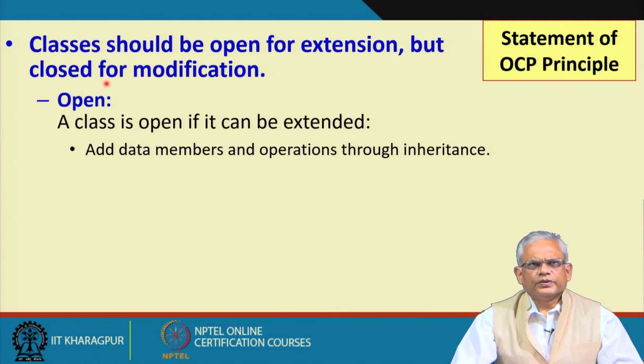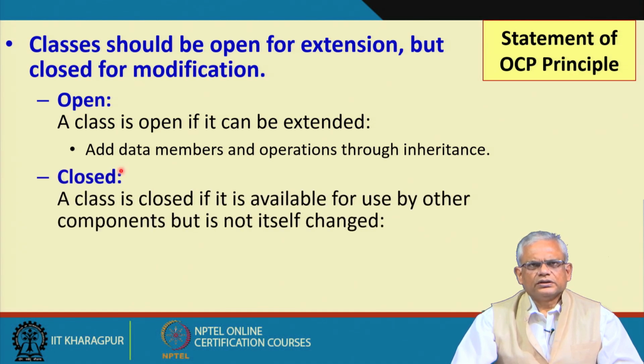That stands for open for extension, and closed means that we should not modify a working code, a working class. The open closed principle says that whenever we want to add any new functionality or modified functionality, we should only extend the existing class.